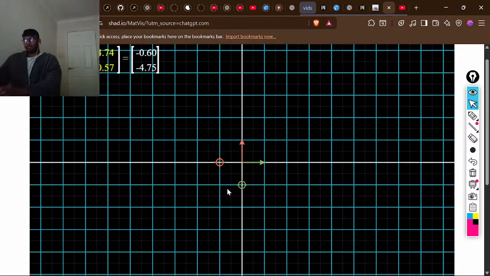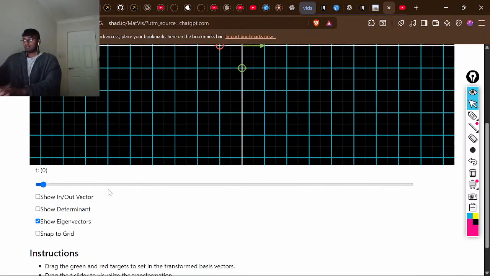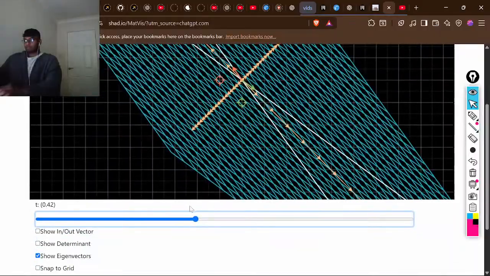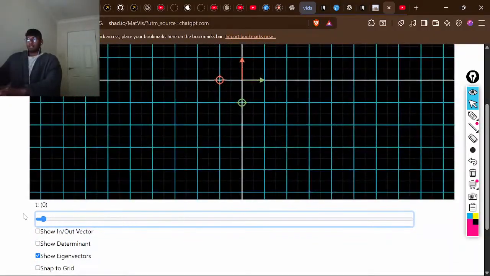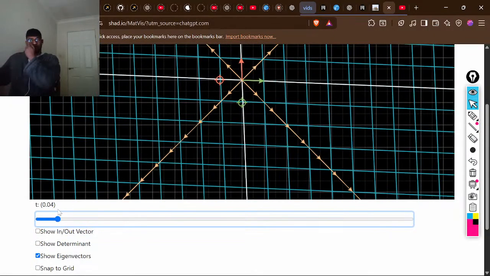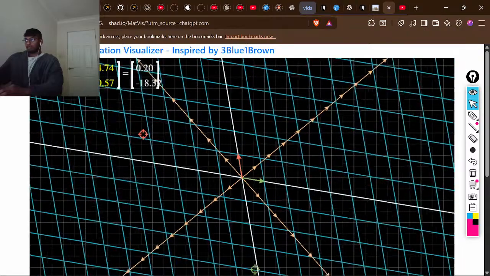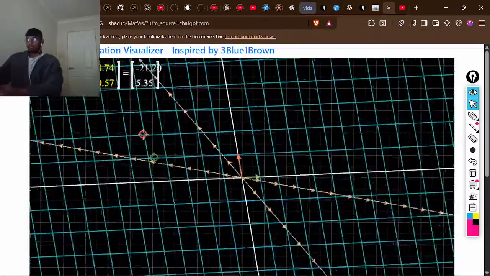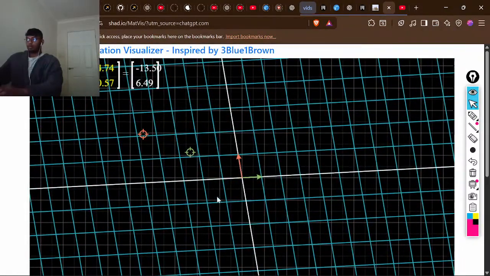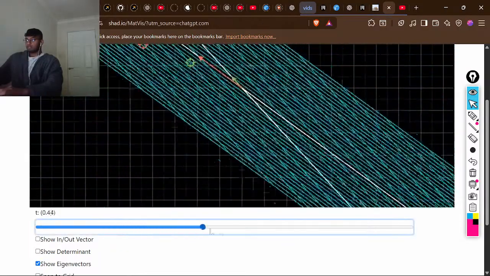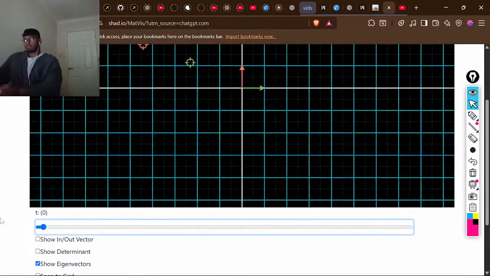I mean, the determinant is gonna stay the same, I think. Yeah, it's interesting, isn't it? It cuts through the middle of the orthogonality. Does it still cut in the middle? Oh wait, what? Interesting.